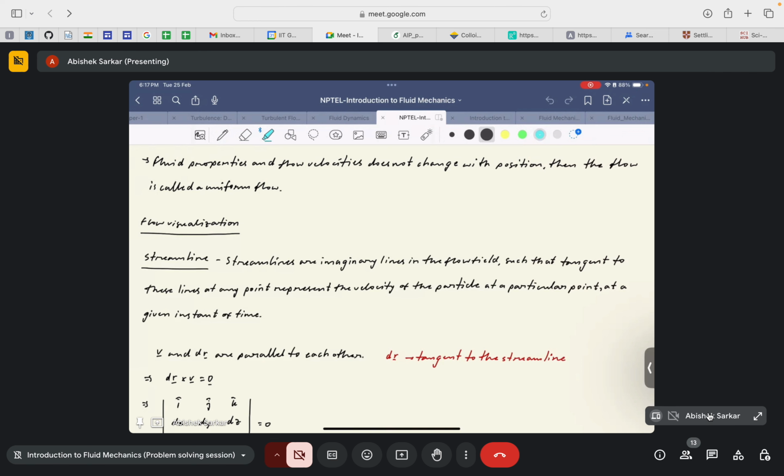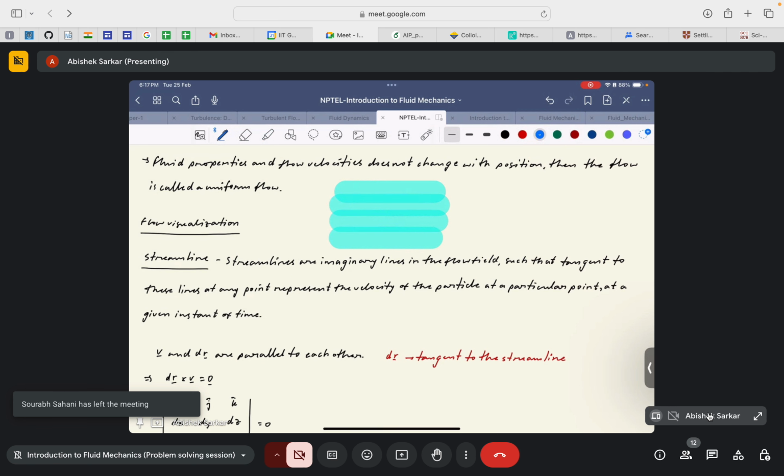In a simple sense, say this is a flow domain. If you put a particular dye at the inlet, and of course this is a very famous experiment by Osborne Reynolds, after whom the Reynolds number has been named. If the flow is laminar, basically devoid of any kind of fluctuations and ideally moving with a very low velocity, then you will see that the flow tends to flow in layers.